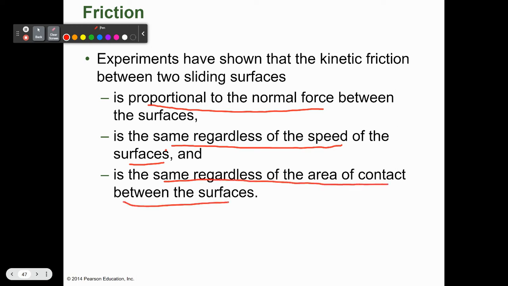So it doesn't matter how fast you move those surfaces past each other, the coefficient of kinetic friction will be the same. It also does not matter whether it's laying down flat and taking up a lot of area or whether you've stood it up on its side and it's not taking up as much area. Either way, you're going to have the same amount of kinetic friction.